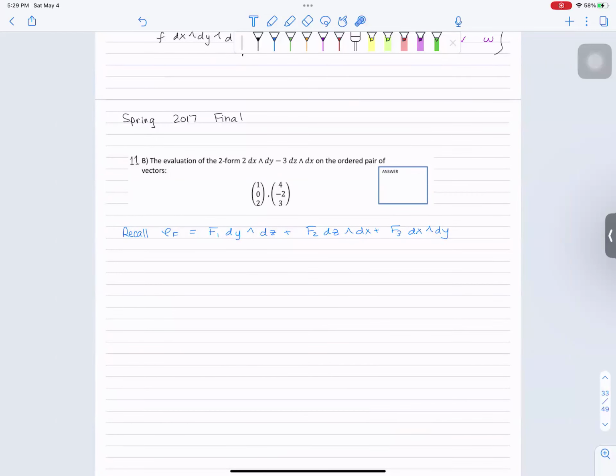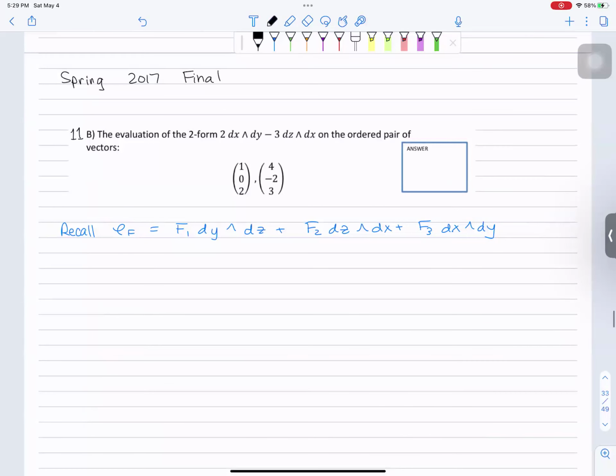Okay, so let me do an example. This is from spring 2017 again, and it says to evaluate the 2 form on the ordered pair of vectors. So in other words, we have this 2 form and it eats 2 vectors.